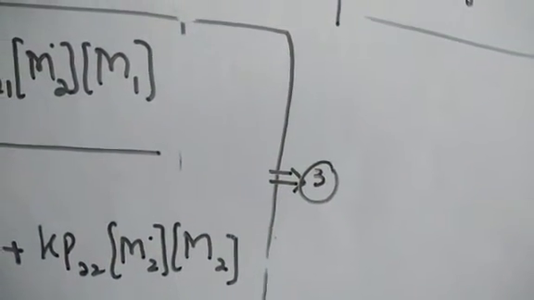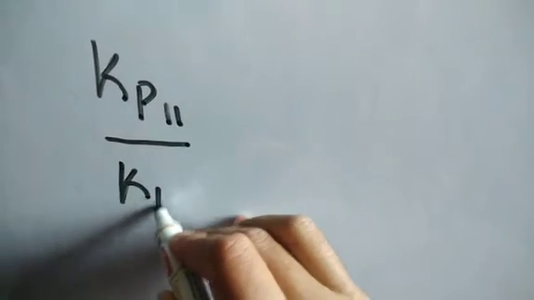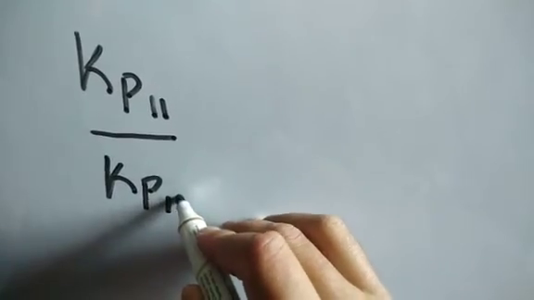Let's say we have the rate constant Kp11, where both monomers M1 are forming a homopolymer, plus Kp12, where monomers M1 and M2 are forming a copolymer.